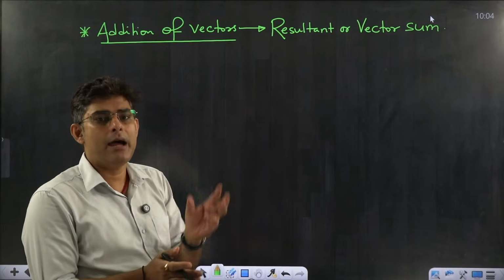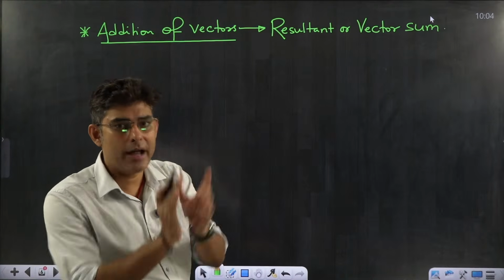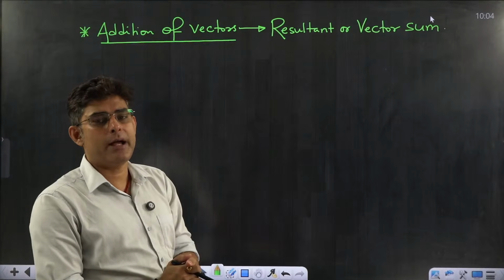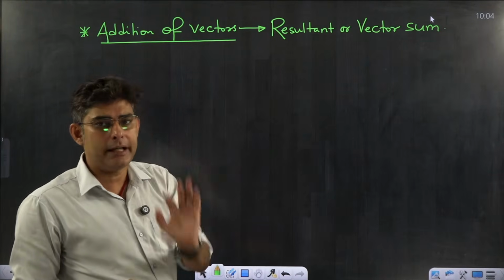For example, if I have 10 Newton force and 5 Newton force, two forces are going to act on a body. Or leave that, I am taking 10 Newton and 10 Newton.